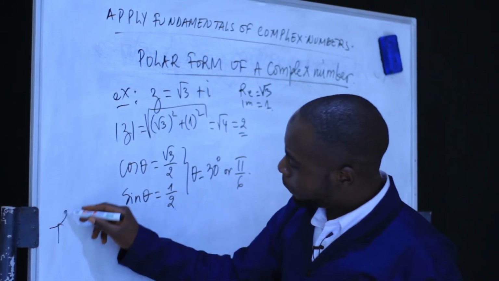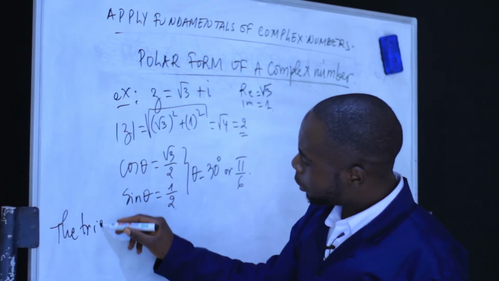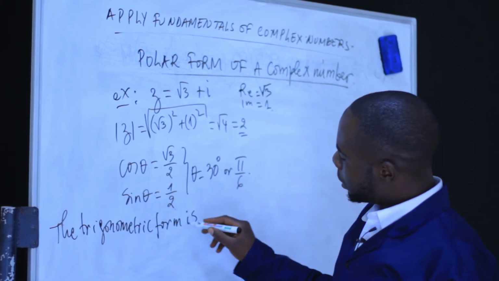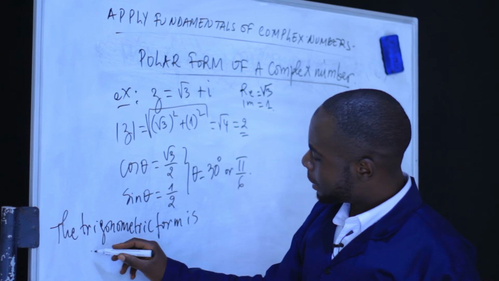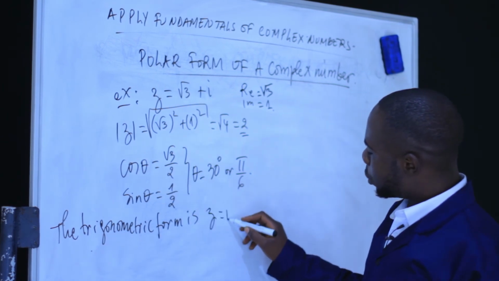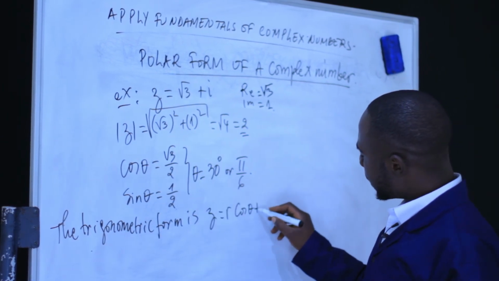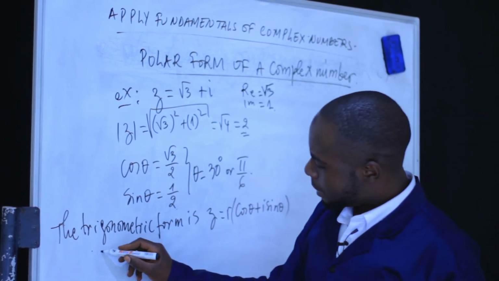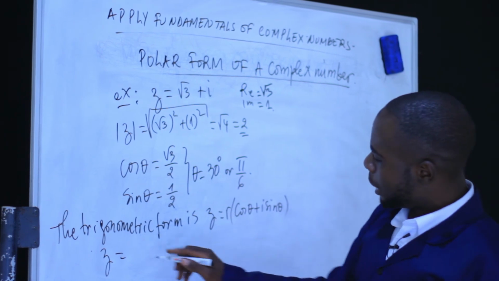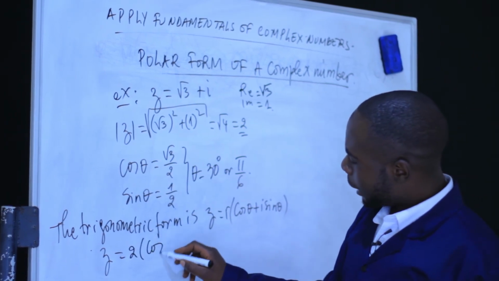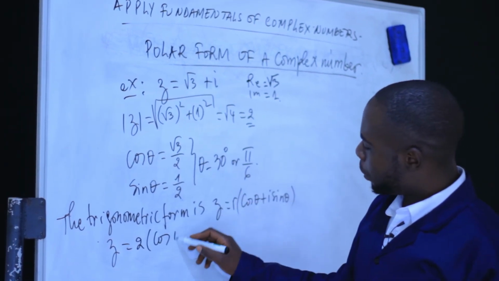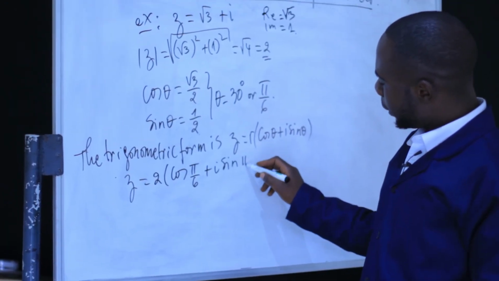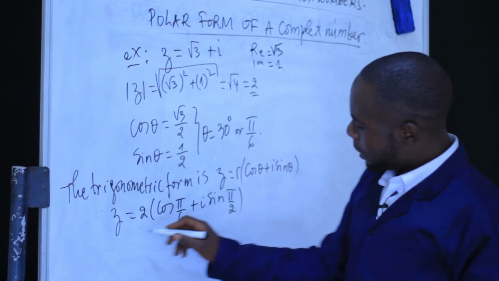The trigonometric form is z, which is equal to r cos theta plus i sin theta. It means that z will be equal to the modulus 2 times cosine pi over 6 plus i sin pi over 6.